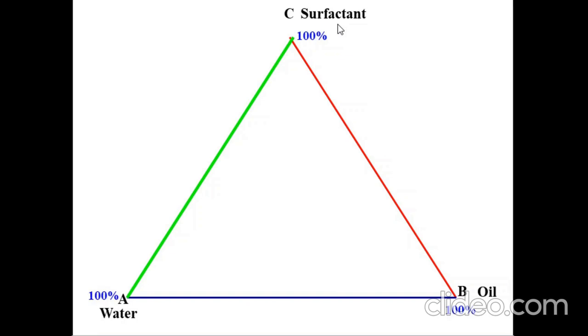So, what does this mean? At the same vertex, the other two components represent 0%. For example, in vertex A, we have 100% by weight of water, but 0% oil and 0% surfactant.